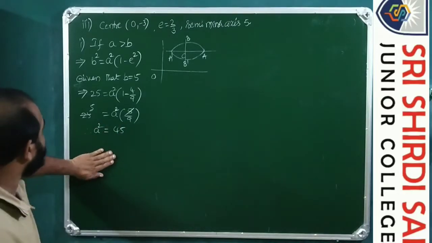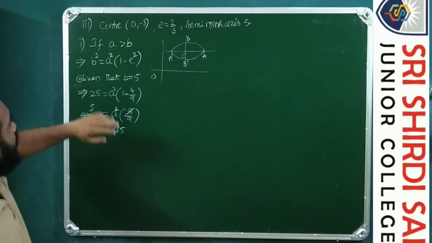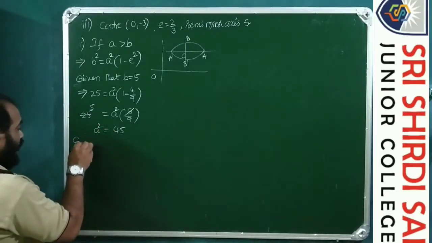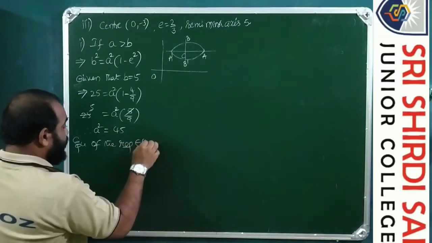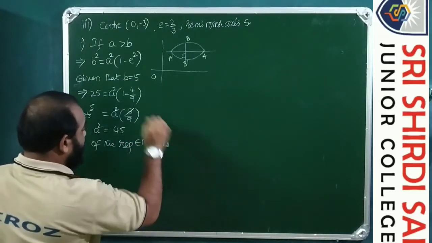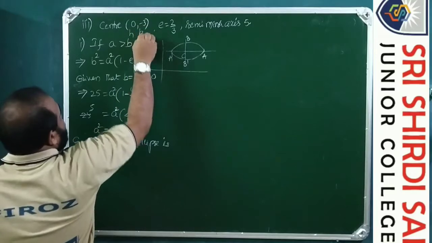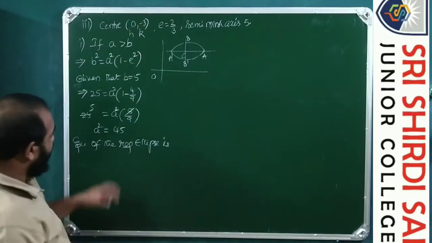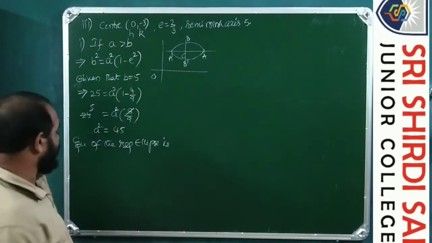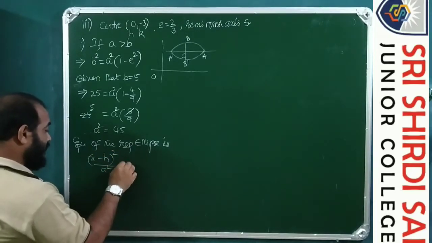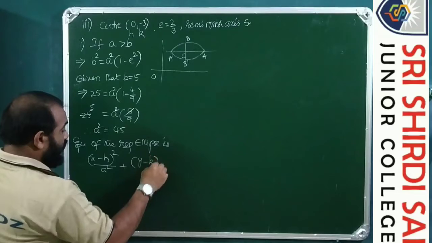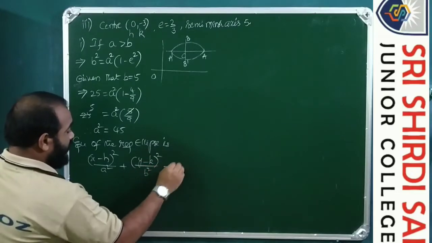So the equation of the required ellipse, with center (h, k), is (x minus h) whole square by A square plus (y minus k) whole square by B square equals 1.